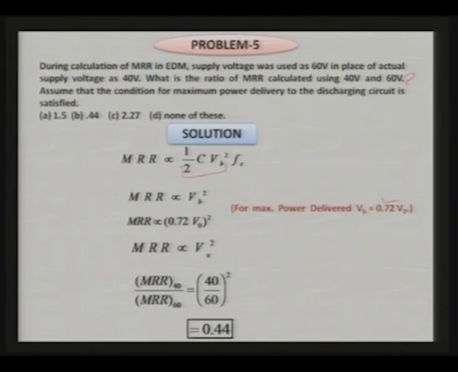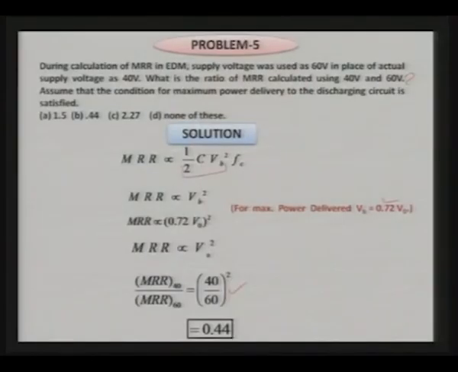Here you can clearly see, as you decrease the voltage, definitely energy contained in each spark is going to reduce, and if energy contained in each spark is going to reduce, then volume of material removed is also going to reduce, and that is quite obvious from here, that at 40 volt the material removal rate becomes 0.44 times of what you get at 60 volt. That is MRR 40 becomes equal to 0.44 into MRR 60.